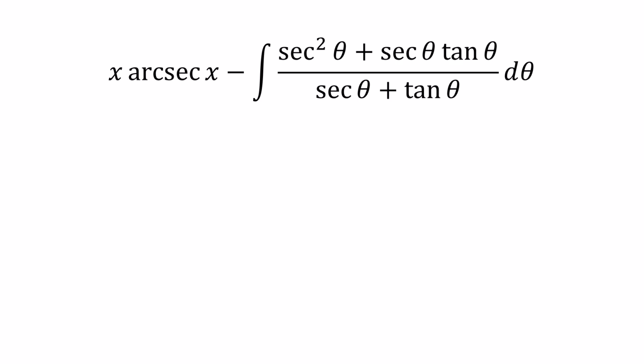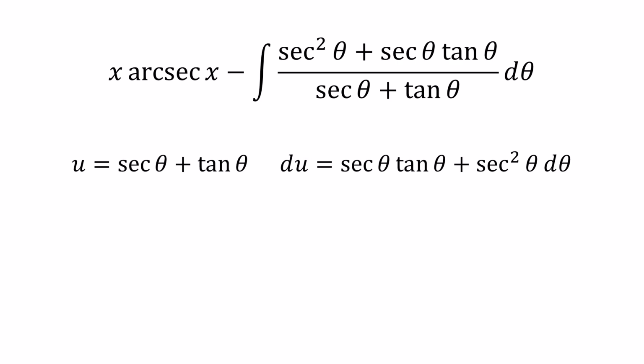Next we let u equals secant of theta plus tangent of theta. The differential is then du equals secant of theta tangent of theta plus secant squared of theta d theta.